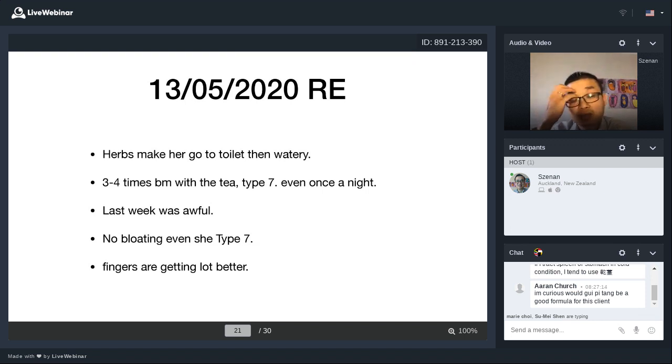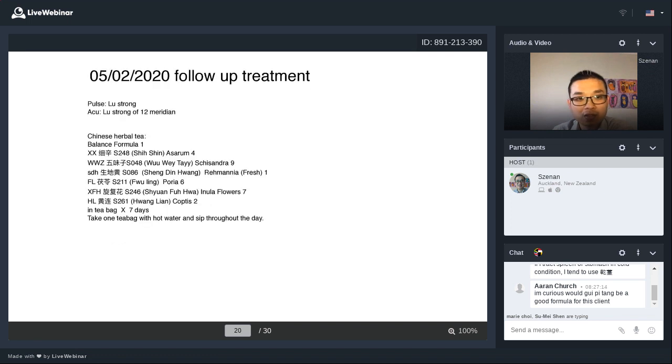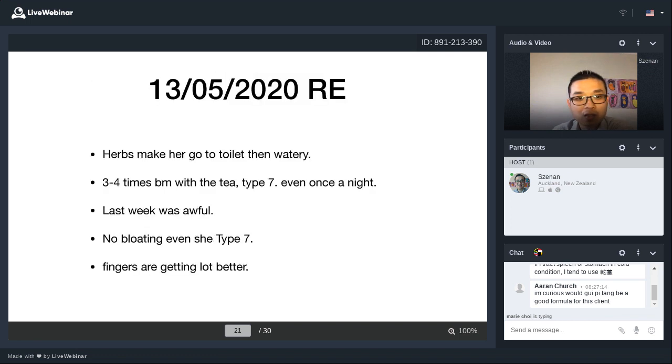So 3 to 4 times bowel motion with the tea, type 7, even once a night. So it got worse a little bit in the last week of herbs. Sometimes you get this. She said last week was awful.